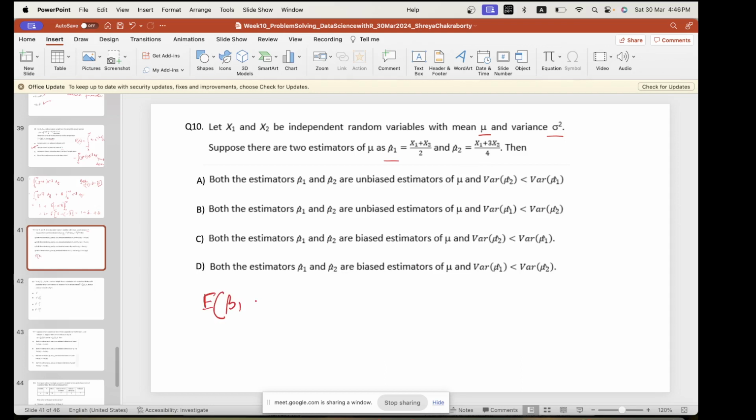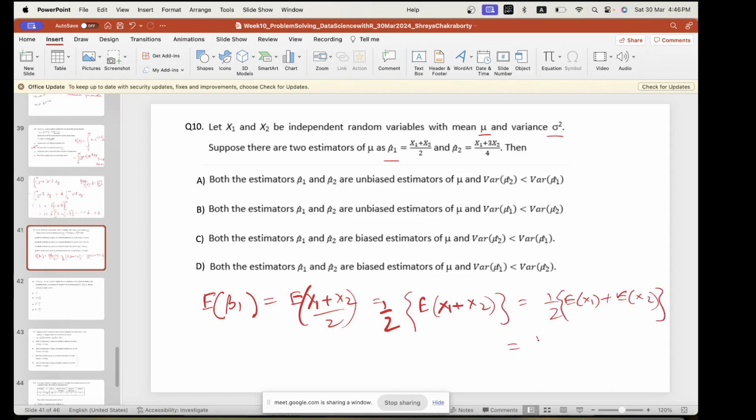So expectation of beta 1 is equal to expectation of (x1 plus x2) by 2. So this is half, if I just take it common because this is a constant, half of expectation of x1 plus x2. So this is half of expectation of x1 plus expectation of x2. This is half of mu plus mu. This is mu. So beta 1 is unbiased.